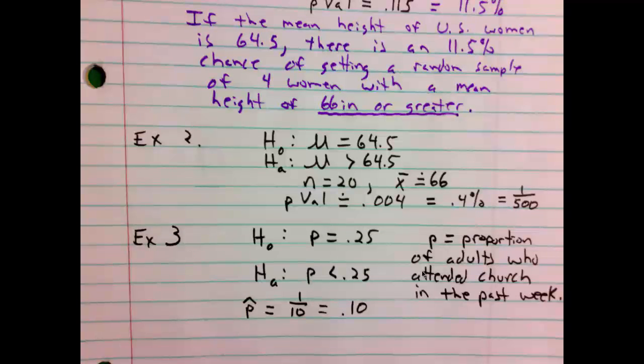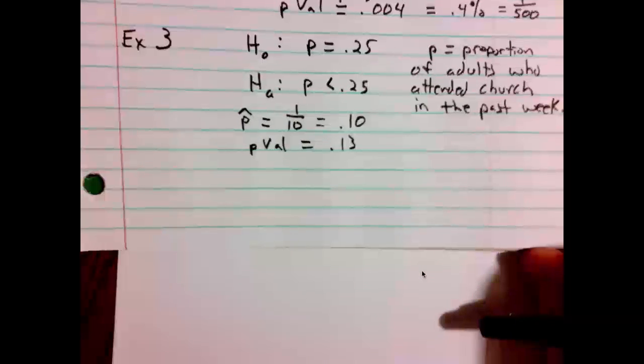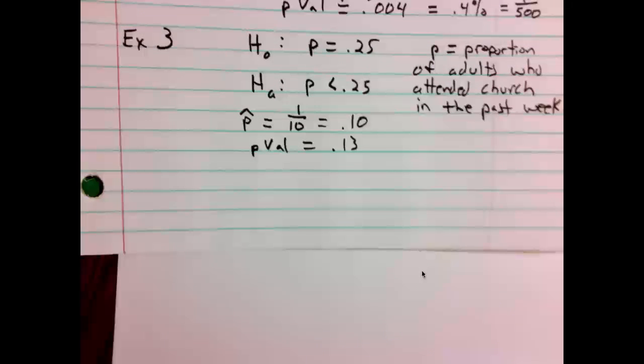Well, I'm going to use my calculator to find it. And it turns out that my p-value in this case is 0.13. All right, pause the video at this time and see if you can interpret this particular p-value.